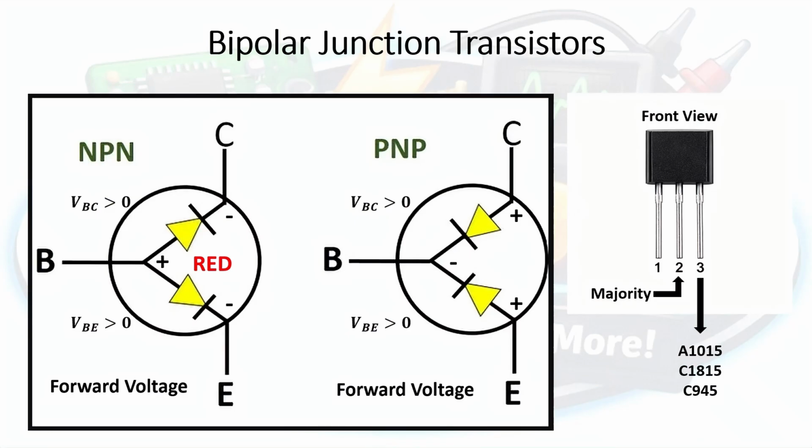If that happens, you will get a non-zero value for both base collector and base emitter voltage. If this is the case, you have the negative terminal, that's the black probe of your meter, at the base of the transistor. If this is the case, your transistor is PNP.